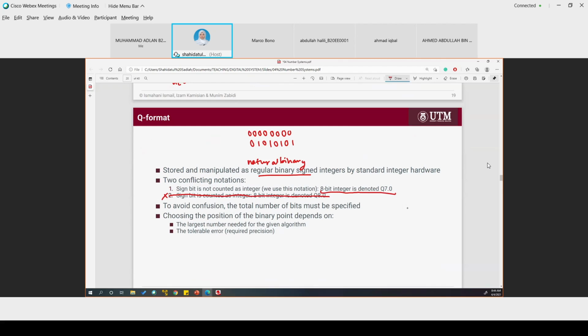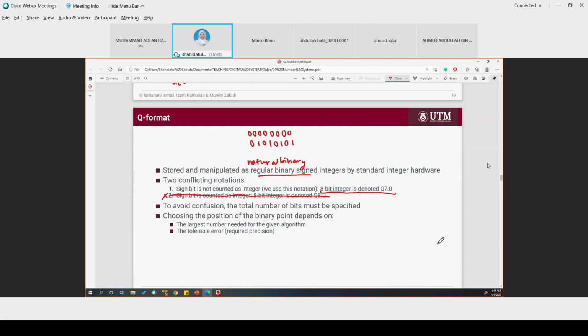But don't be shocked if you find references on the internet where an 8-bit integer is denoted as Q80. Some scholars have a different point of view. But to avoid confusion, the total number of bits must be specified.